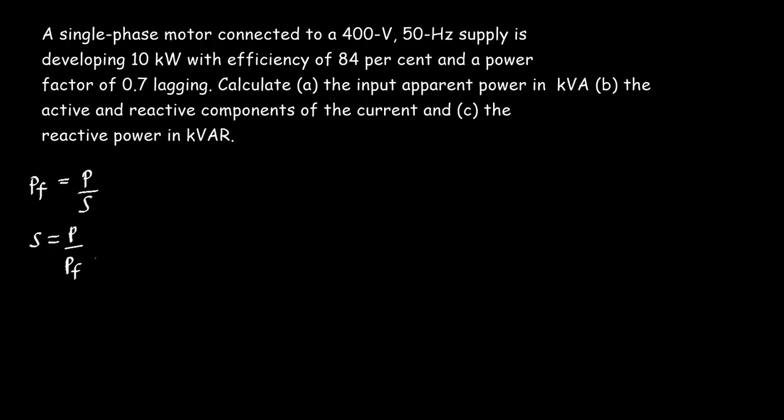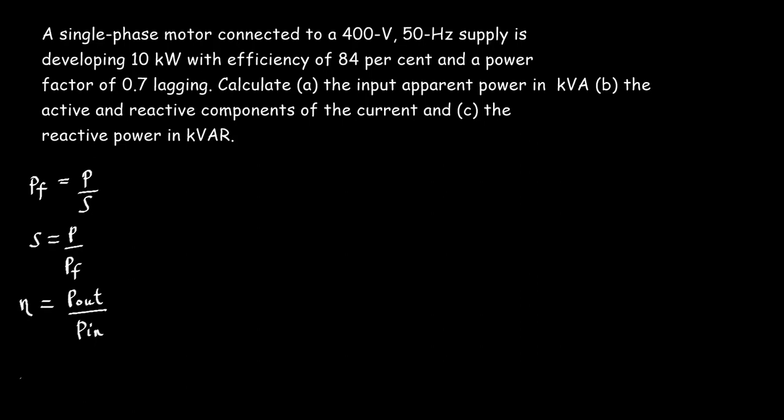So the power that it will consume will be the same as the active power, which is the P that we are looking for. To do this, you are going to use this formula: efficiency equals power output over power input, expressed in percentage. We already know the efficiency, which is 84%, and the power output, which is 10 kilowatts.